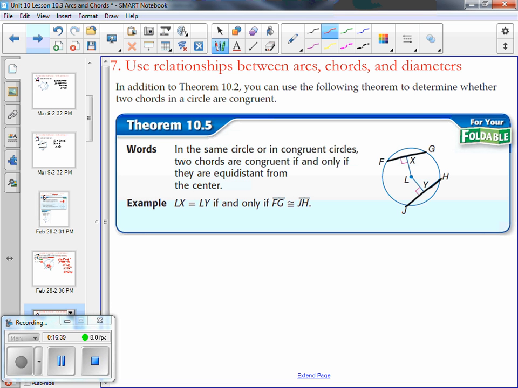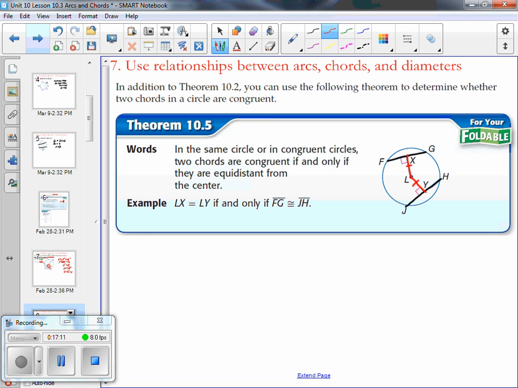Now, remember how you measure the distance from a point to a line? It's with a perpendicular segment. So, the length of LX represents the distance that chord is away from the center. The length of LY represents the distance the other chord is from the center. If those two segments are congruent, then the chords are equidistant from the center, and if they're equidistant from the center, that means the chords are congruent.